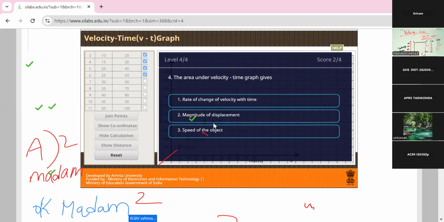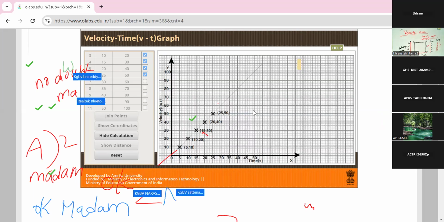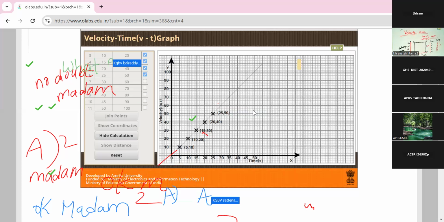Which answer is right? Magnitude of displacement or speed of an object? Yes, I am choosing magnitude of displacement. So magnitude of displacement is the right answer.